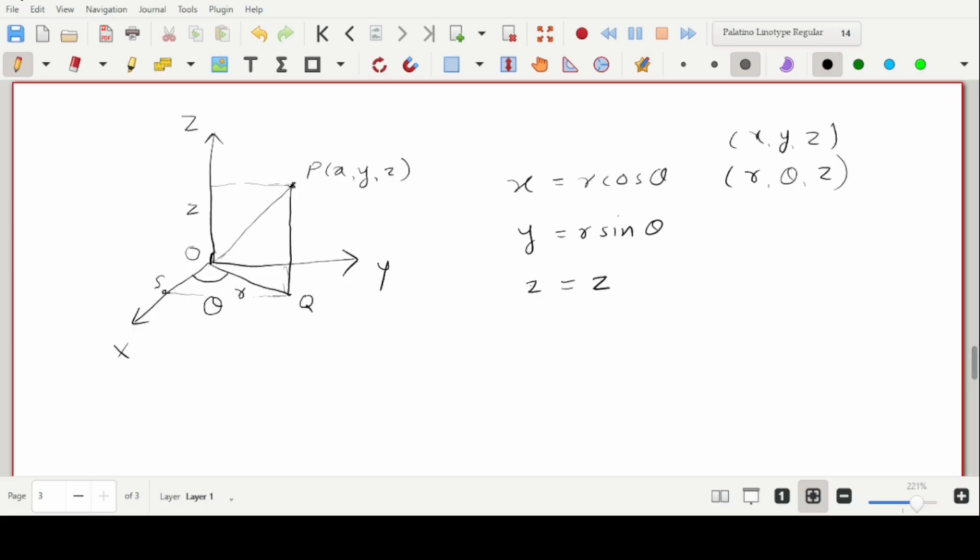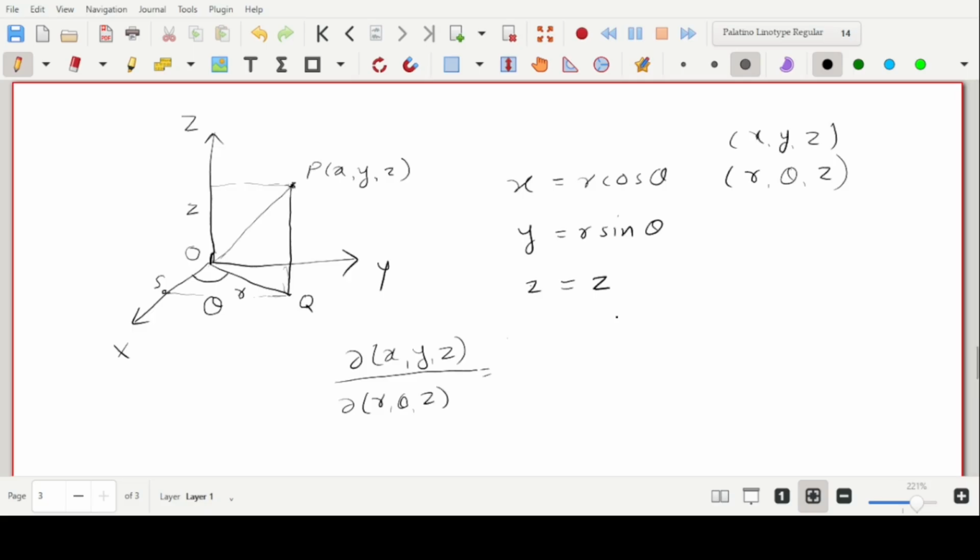Let's compute its Jacobian. So using our usual formula for the Jacobian, del(x, y, z) over del(r, theta, z).